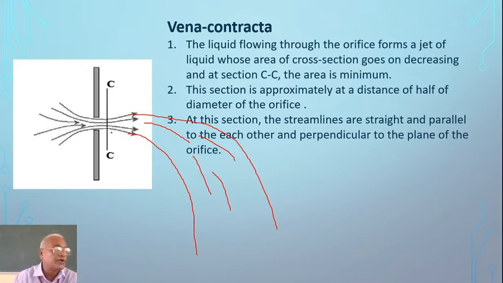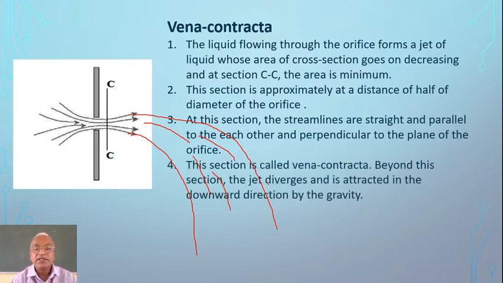If the plane of the orifice is vertical, then obviously the streamlines will be perfectly horizontal at the vena contracta. This section is called vena contracta. Beyond this section, the jet diverges and it is attracted in the downward direction by gravity. I have shown them in the red lines. Okay, so that is about vena contracta.